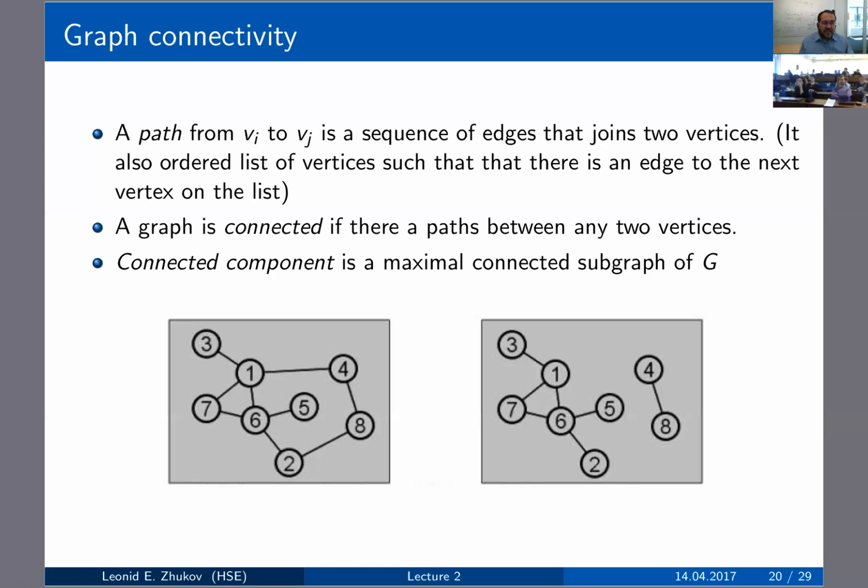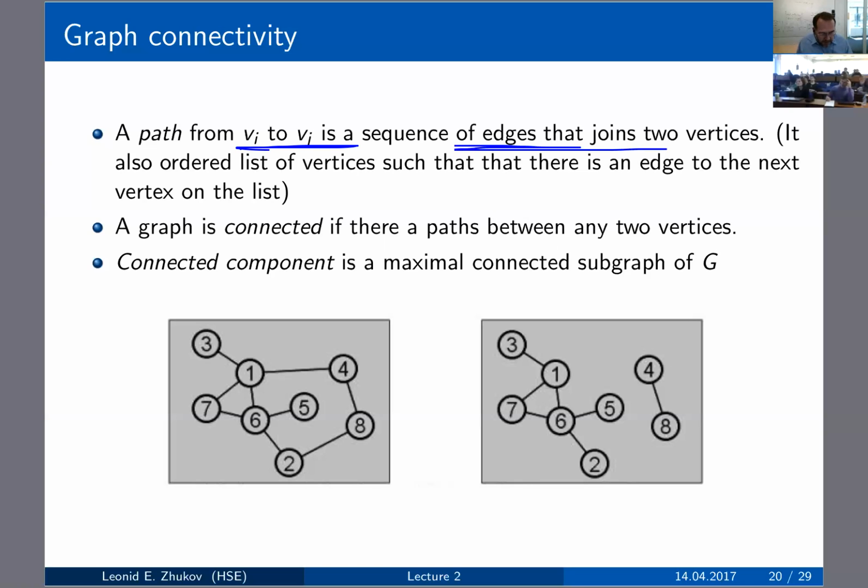Some graphs are connected, some are disconnected. A critical, very important notion is a path, the path from one node to another. A path from one node to another node is a sequence of edges that joins two vertices.